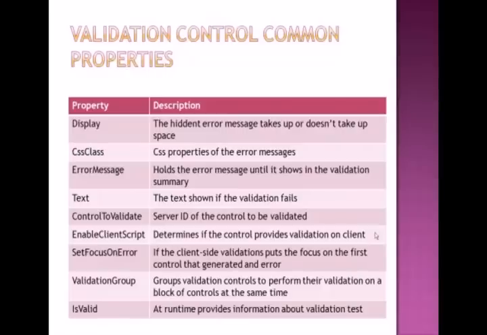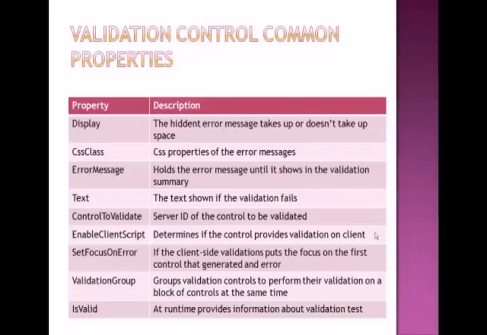So for example, let's say that you have a username password block, you have a username text box, a password text box, and a button for login, and then you have a search text box. Now let's say that when you press the login button, you want only to check for the username and password and not enforce the validations over other sections of your code. This way you could group your validation controls together.